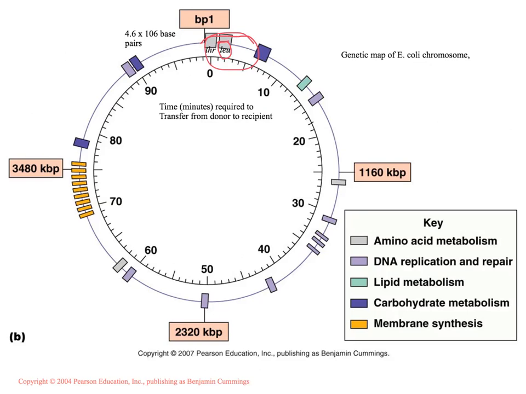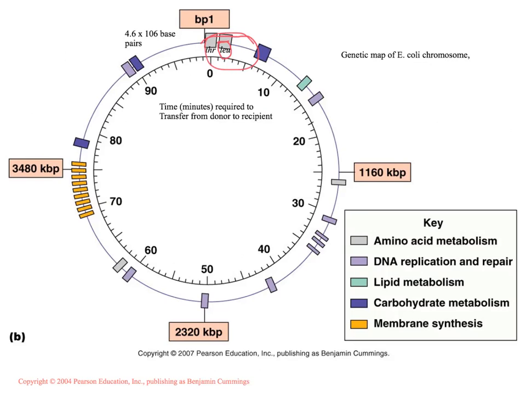So this is exactly how genes are able to be mapped. So once again, the conjugation is allowed to take place. We disrupt it after 1 minute and we see what the recipient now has the ability to make. And whatever newly acquired trait it has first, that means that was first on the chromosome.